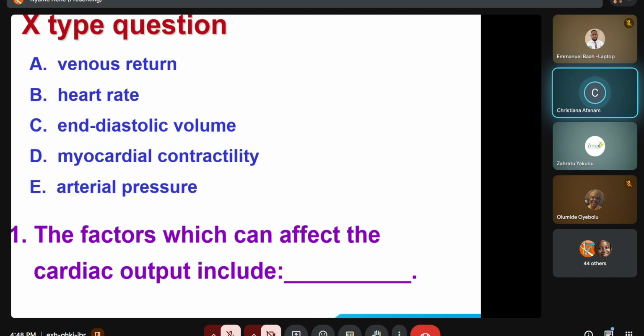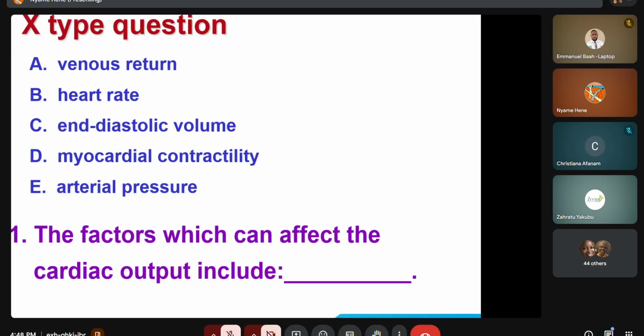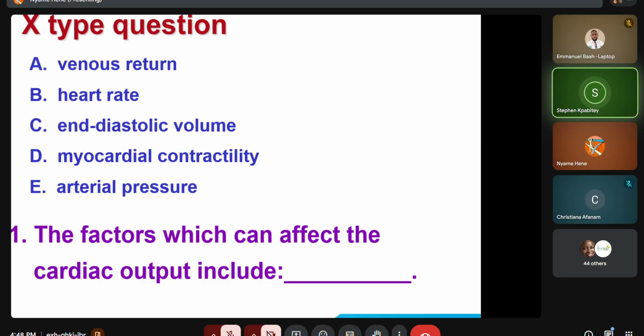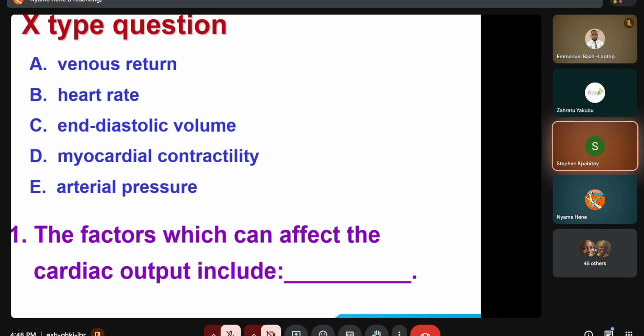B, C, and E: heart rate and diastolic volume, and then arterial pressure. I think D, the myocardial contractility, that one also is a part of it.